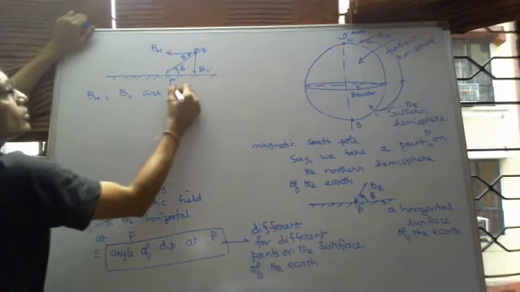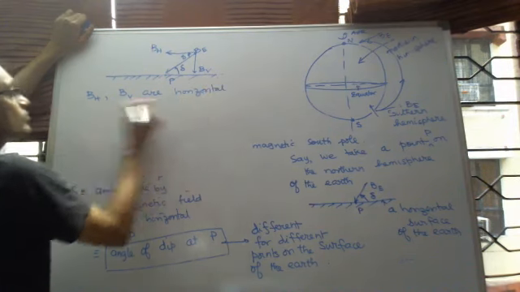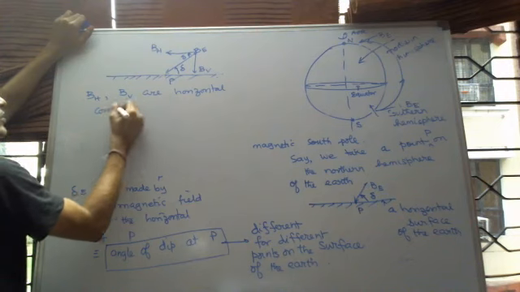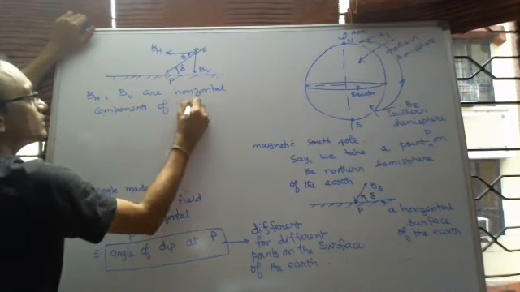BH and BV are horizontal and vertical components of the magnetic field.